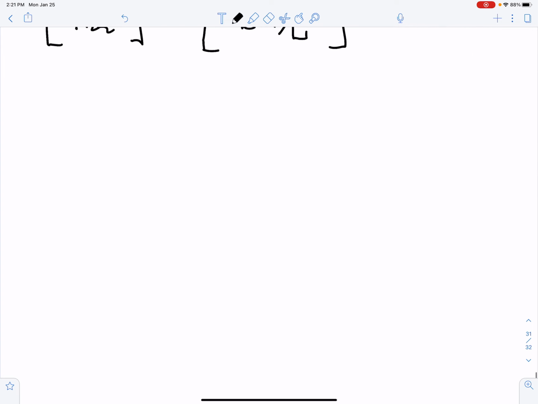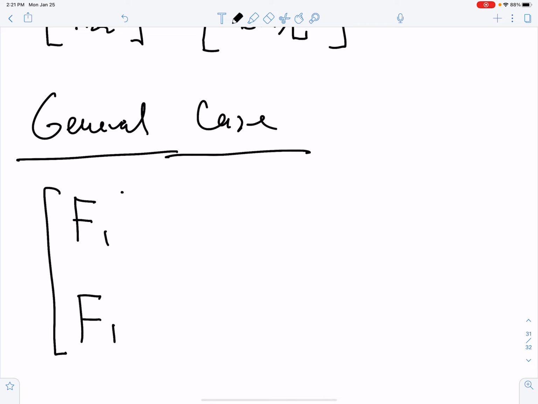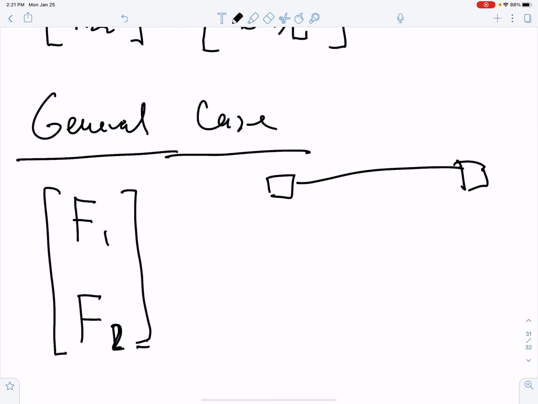Which means that for a general case, every time I want to find the nodal forces F1, F2, this is my bar. I have U1, U2 and the corresponding forces F1, F2.